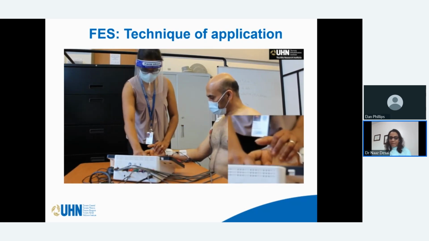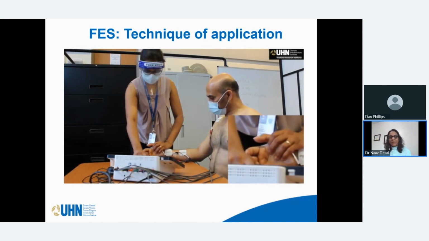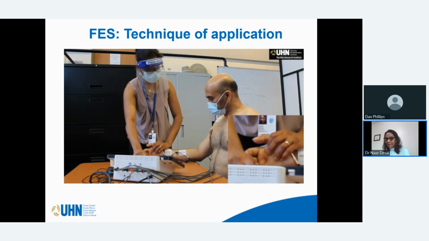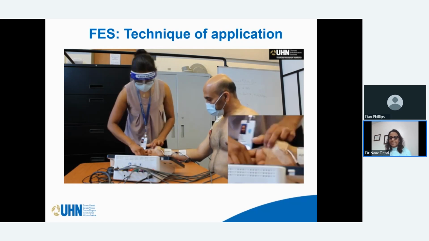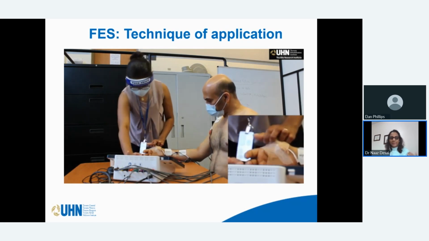Now you will see that I'm setting up the intensities for the hand closing. Because this gentleman has quite a bit of spasticity in his finger flexors, we keep the intensity only to a level which acts as a cue for him to initiate the movement.